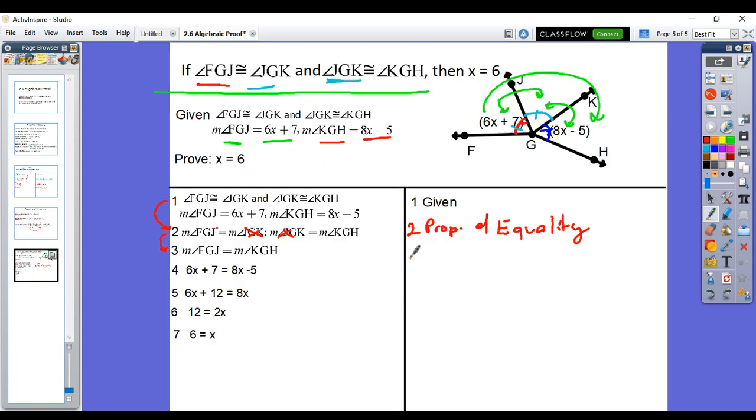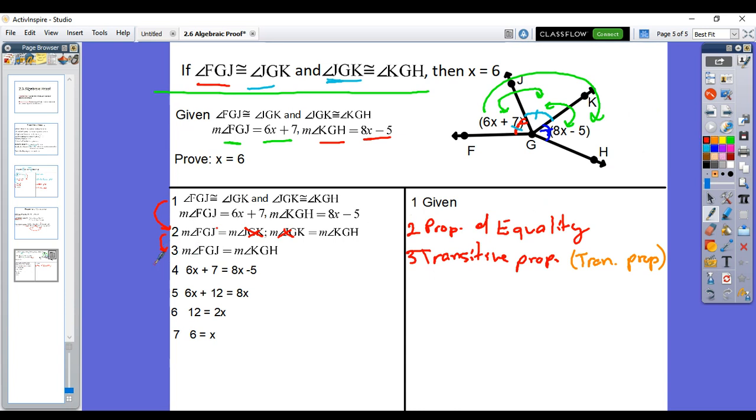So we'll say that it transferred equality: transitive property. As you start to learn these, you can shorthand this. You can say trans property, and I will know exactly what you mean. But for now, I want you to write it out so you're not confused.